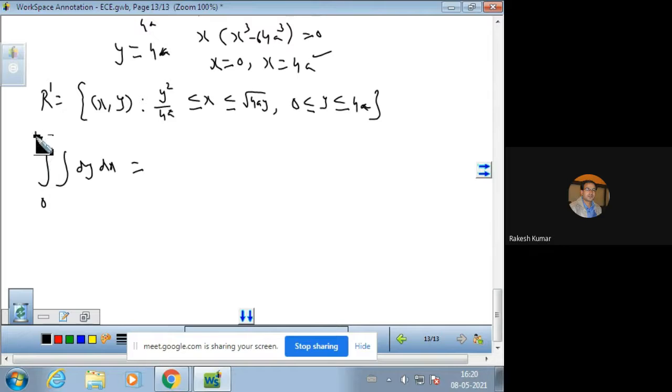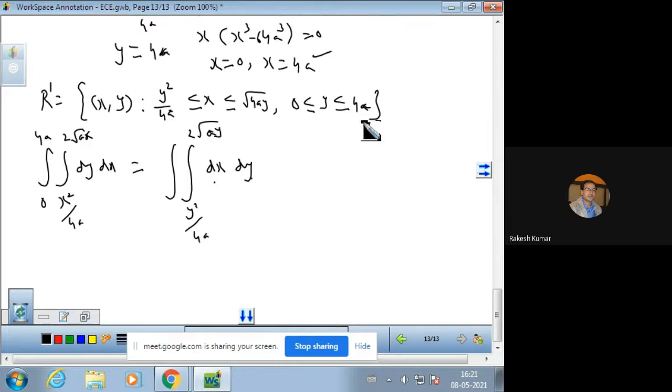This was your given double integral, and your new region of integration is R dash, in which you will integrate with respect to x first, then with respect to y. The limits of x are y square over 4a and 2 square root ay, and limits of y are 0 to 4a.